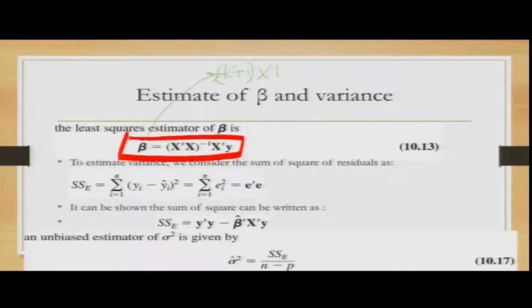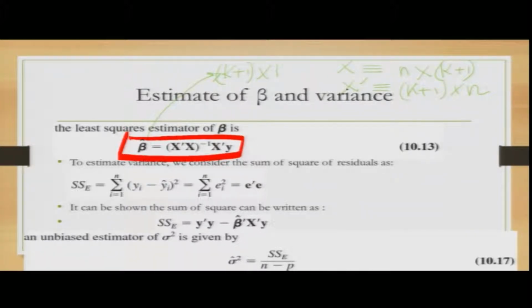Let us see whether this balances on the left hand side and the right hand side. Now, we have already considered the value of x. What was x size? X size was n cross k plus 1, and x transpose would be of size k plus 1 cross n.